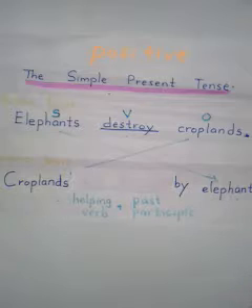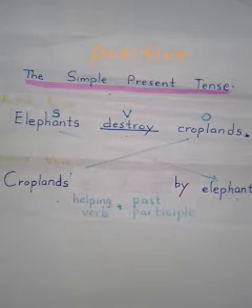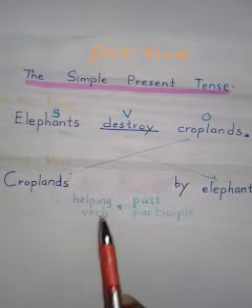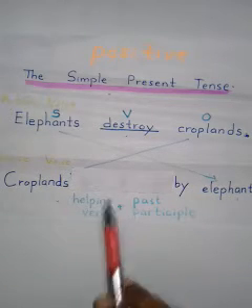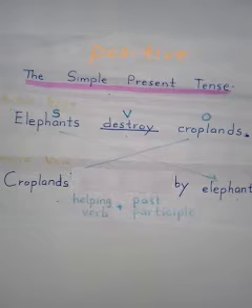Now our third step is to form this passive verb. අපේ තුන්වෙනි ස්ටෙප් එක තමයි passive verb එක ගොඩනගා ගන්න එක.